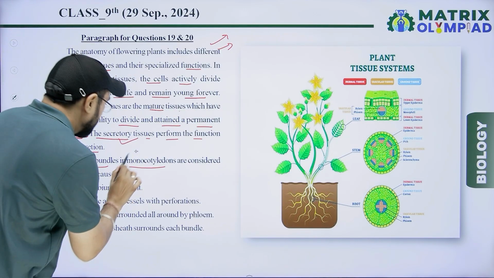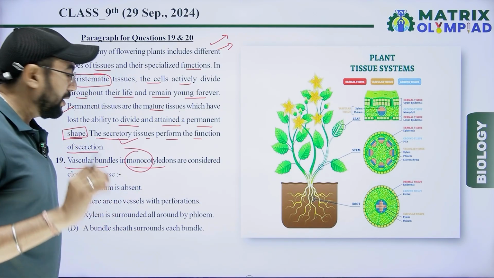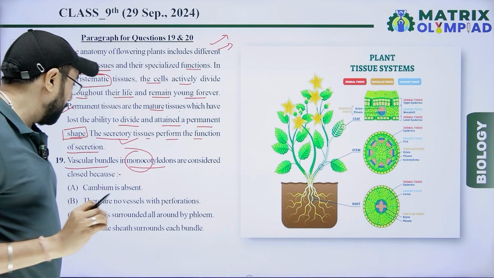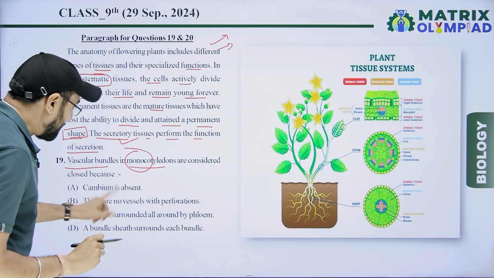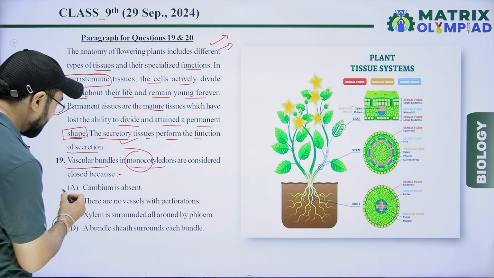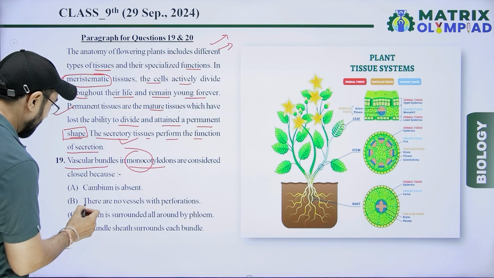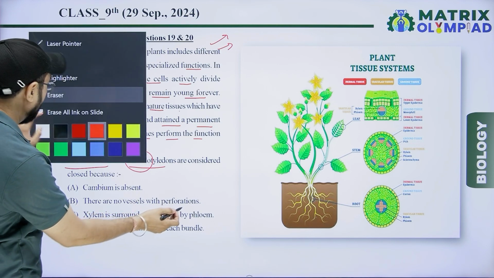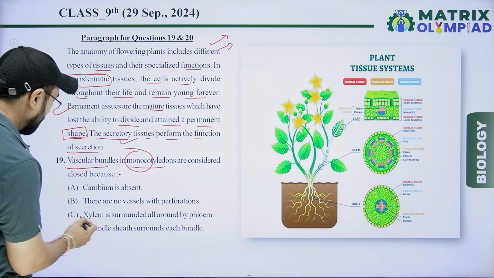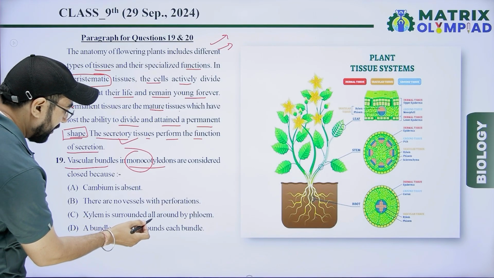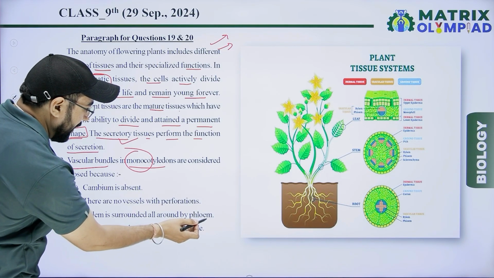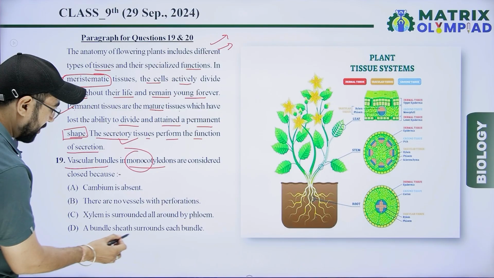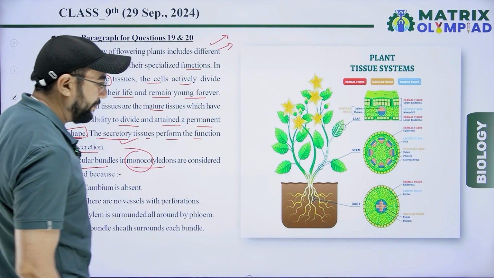Monocots do not show secondary growth. Cambium is absent. Option A is: cambium is absent and there are no vessels with perforation. Xylem is surrounded all around by phloem. A bundle sheath surrounds each bundle.